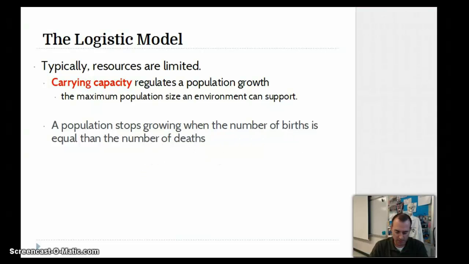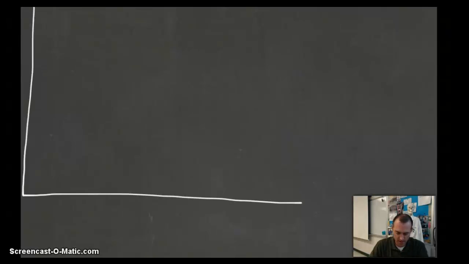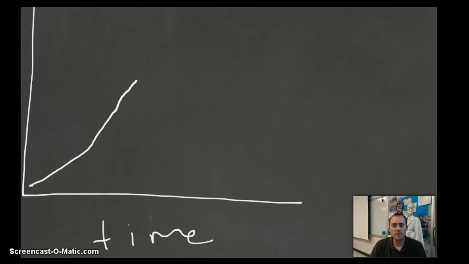This graph looks something like this. We graph our x versus y again. We put time on the x-axis and number of individuals on the y. We start out exponential, but then the population starts to slow, and then we level off.